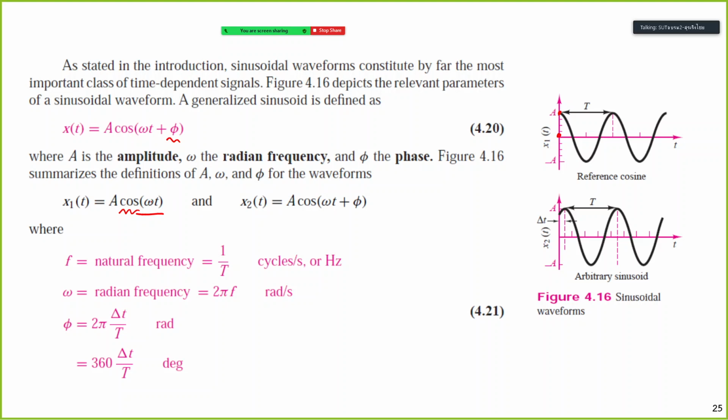And omega we call the radian frequency, or the angular velocity. It's 2 pi f, where f is the frequency of the signal, so how many cycles in a second, right? This is the periodic signal here, and if the signal has a phase angle, there is a phase shift, the phase shift in phi here.